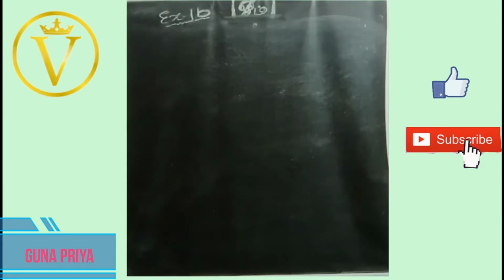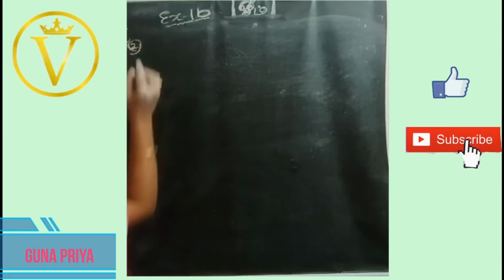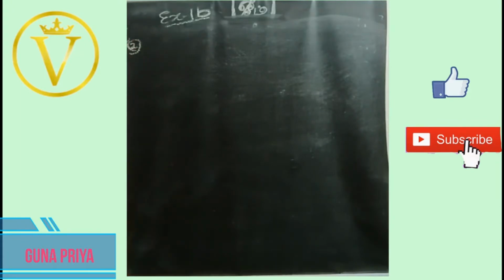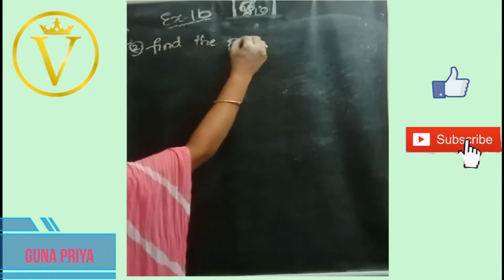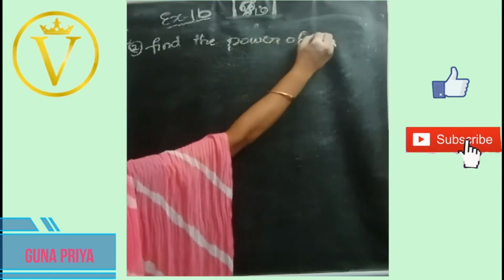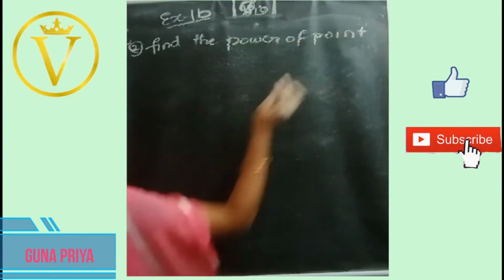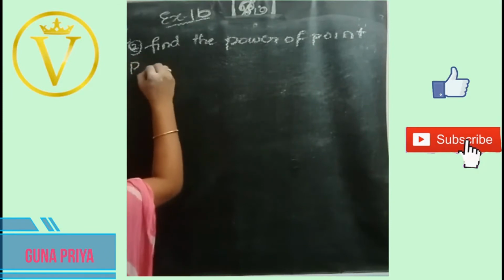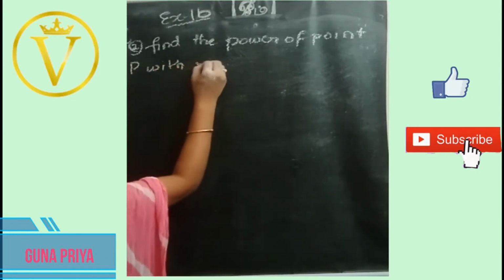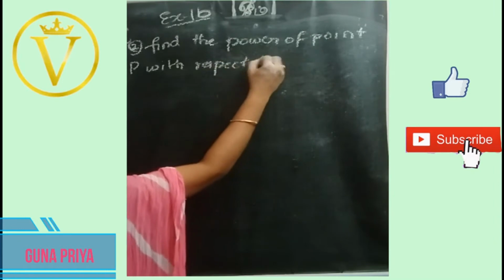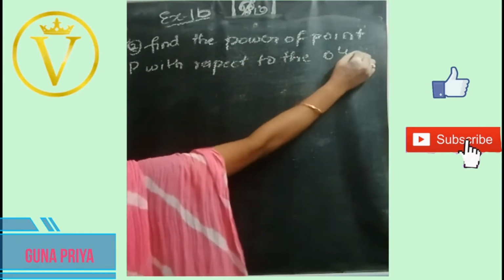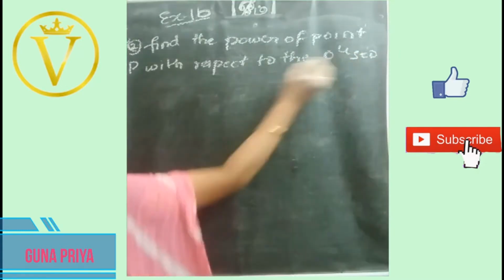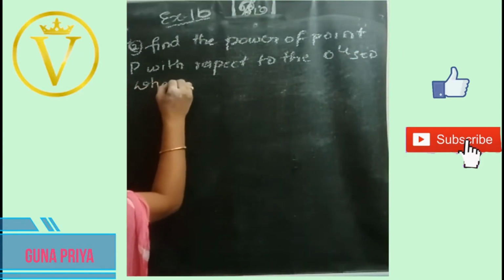Next we go for the second problem. In the before section, that means before, we have discussed the first problem. So find the power of point P with respect to the circle S equals 0.